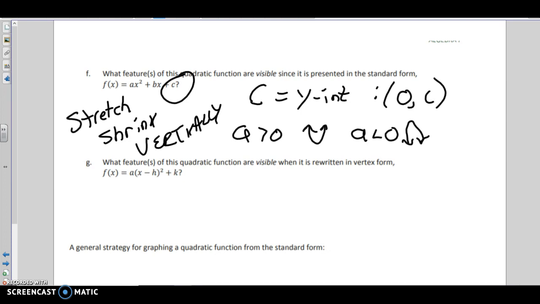So each formula tells a little something different. The vertex form obviously shows me the vertex, h comma k.